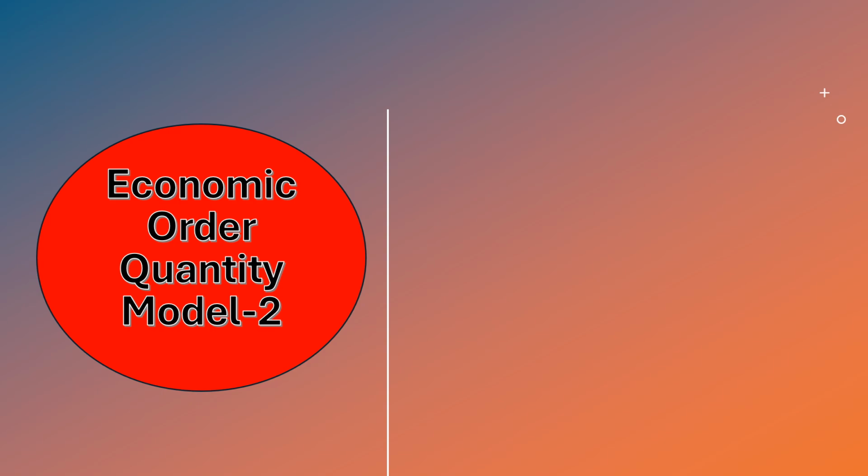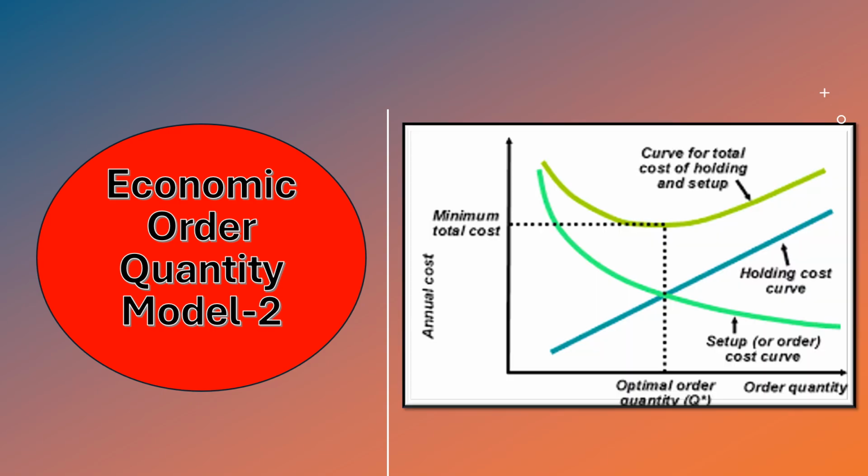That should be the optimized utilization of your inventory systems. For that, how much quantity do you have to keep under control? These pictures you will find in my economic order quantity model 1 video. Please check that video. Today I will show how you can derive the equations for understanding the economic order quantity model.